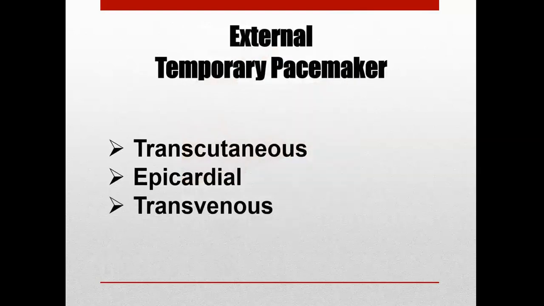Okay. External temporary pacemakers. External pacemakers have pace generators on the outside of the body. Remember, our internal pacemakers have that pace generator on the inside, obviously because it's an internal pacemaker. Transcutaneous pacing is one form of external pacing. We've got two large electrodes that are placed on the patient's thorax.